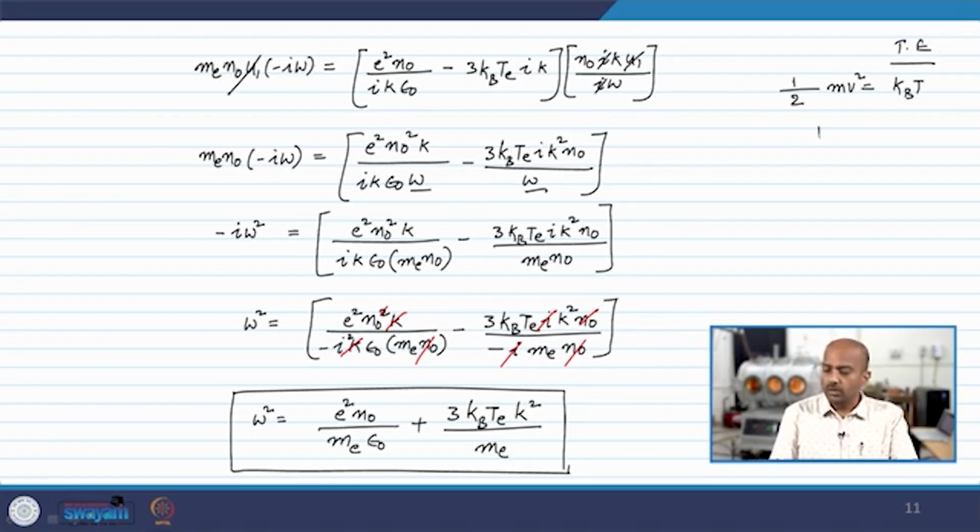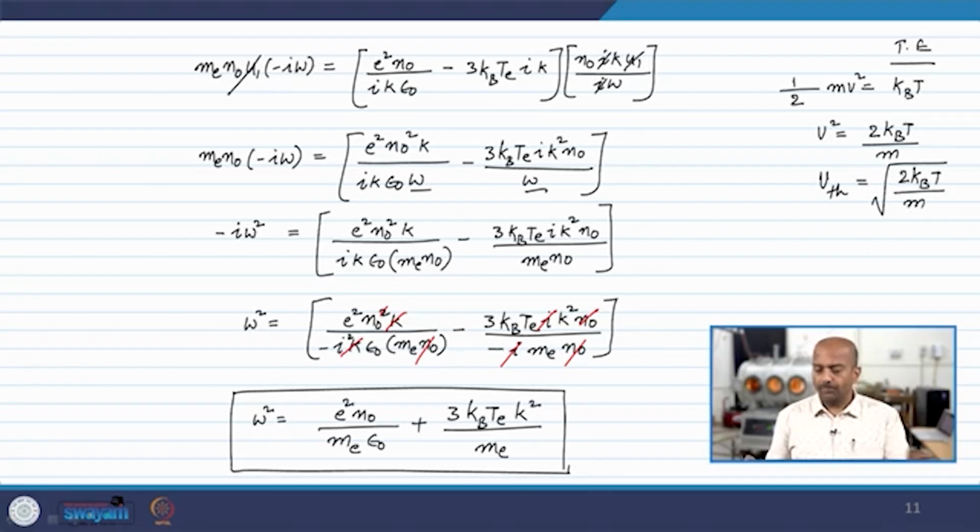So, v square is 2 k_B T by m, or we call v thermal the square root of 2 k_B T by m, right.